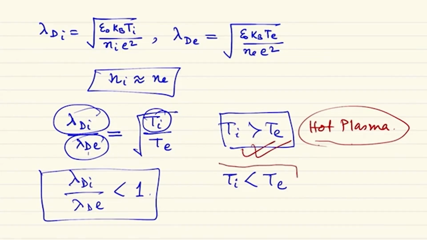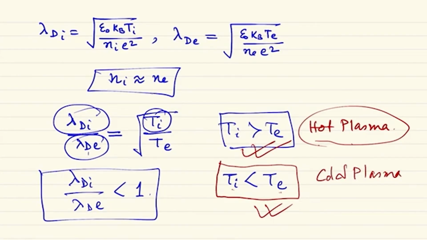A plasma whose degree of ionization is very weak, then the electronic temperature is much greater than the ionic temperature, which is of the same order or a bit greater than the ambient temperature, and that is the case for cold plasmas.